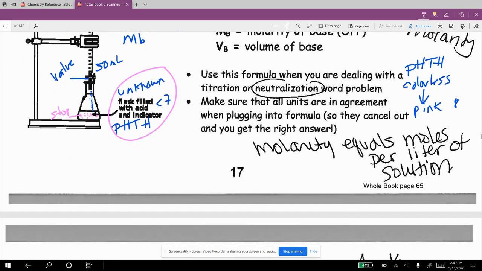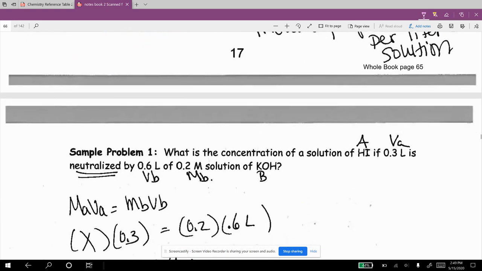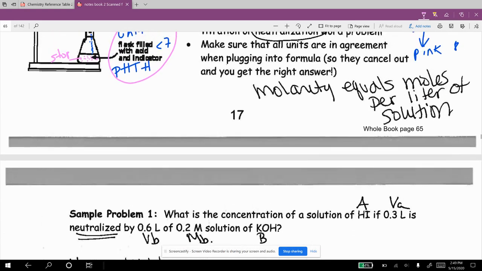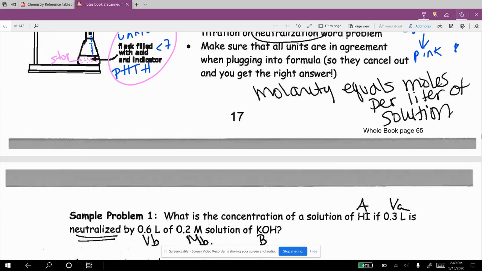All right, so now let's look at how this looks in a question. I'm just going to do this so that we can not look at the answer. So what is the concentration? Concentration is my unknown. I have HI, 0.3 liters. I've got this word neutralized, and I have another liter volume, and I have a molarity, and I have KOH.